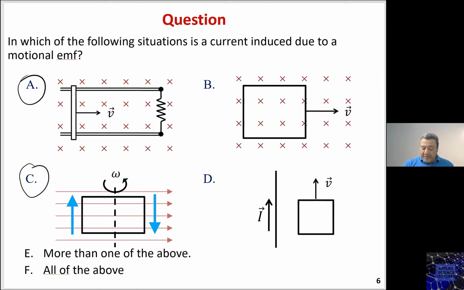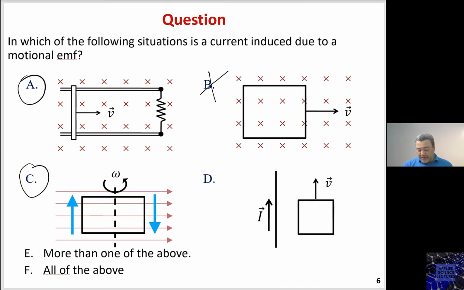In B, although this loop is moving in this direction, I don't have any variation in the flux. The flux is constant always, so there is no induced current in this case.